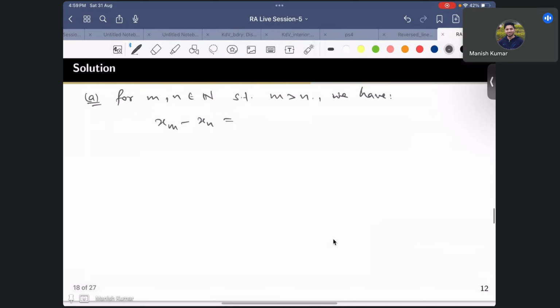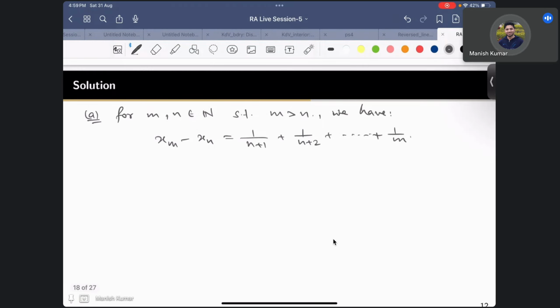So what you will ultimately get is 1 by n plus 1 plus 1 by n plus 2 up to plus 1 by m, because till n everything cancels out with xm.